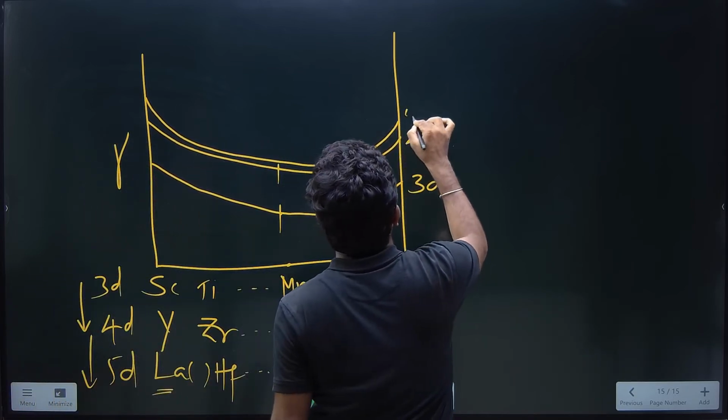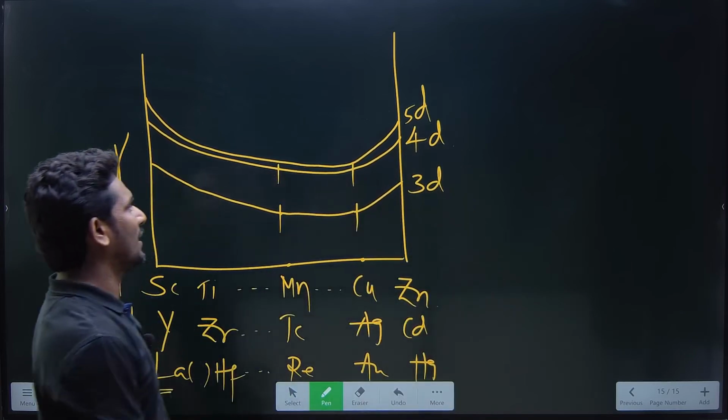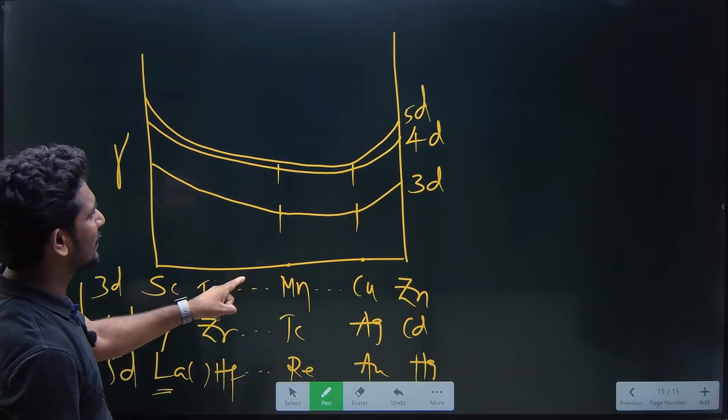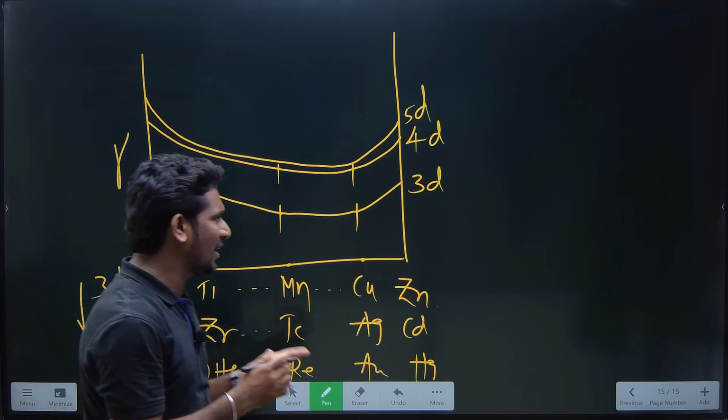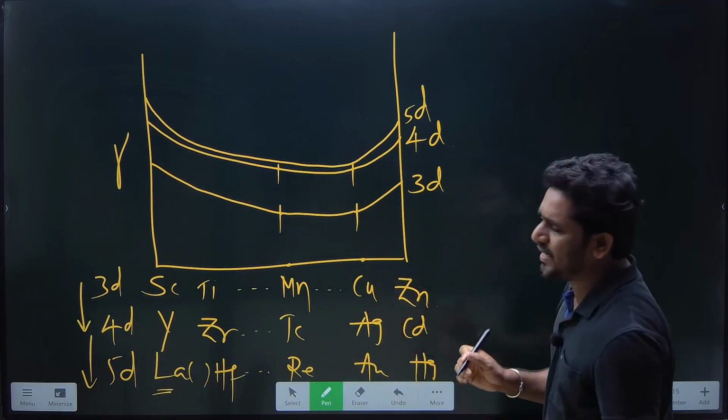Okay, it is 5D. Okay, right. So look at here, these elements are the same. So due to lanthanide contraction, very important my dear students, it is very important.